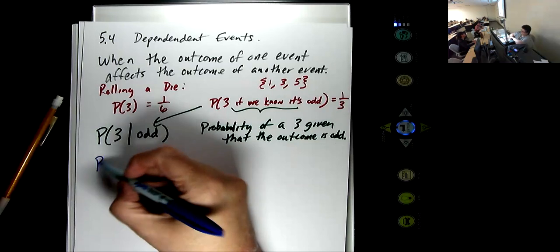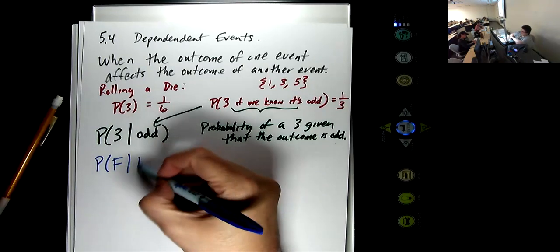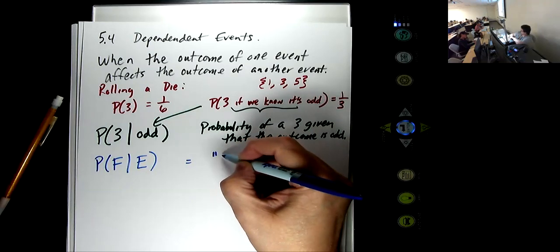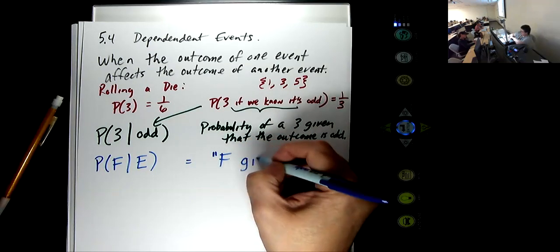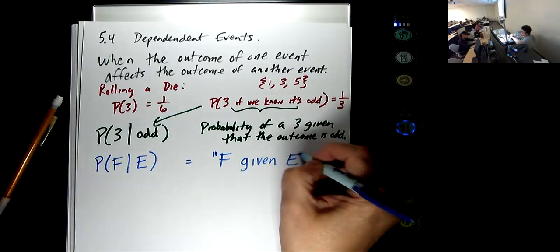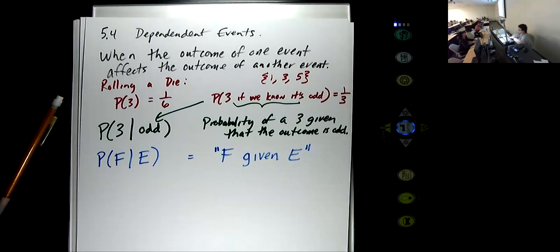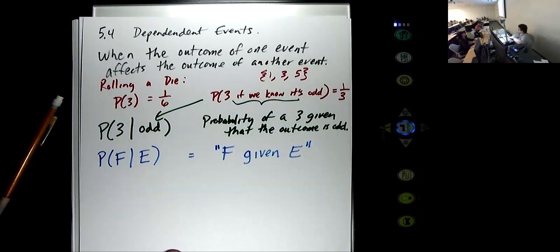In general, if they write probability of F like that, this is read as F given E. When you say that, we know an odd number is going to roll.